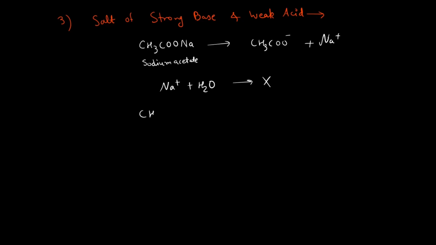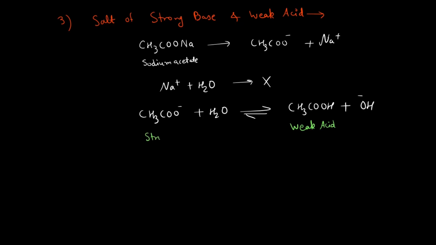However, acetate ion can react with water in an equilibrium reaction to give us acetic acid and OH negative ion. And we know that acetic acid is a weak acid, so its conjugate will be a strong base.